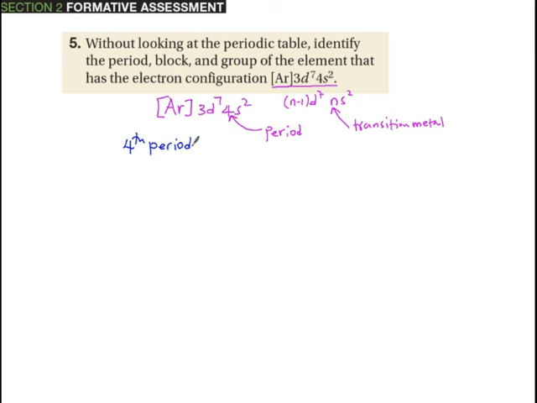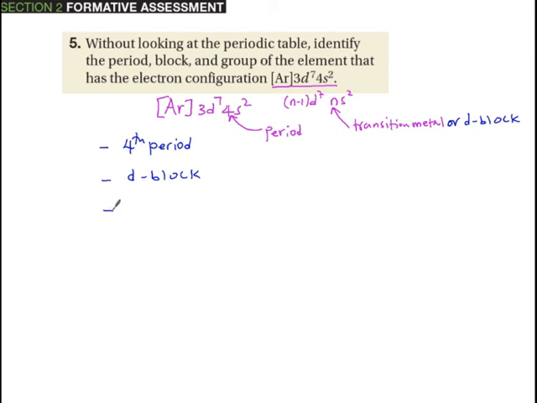And block, it is d block. Why? Because it has the transition metal pattern, d block. The first answer is here, the second answer is respectively. And the third one is the group number.